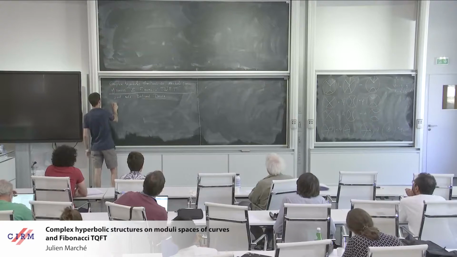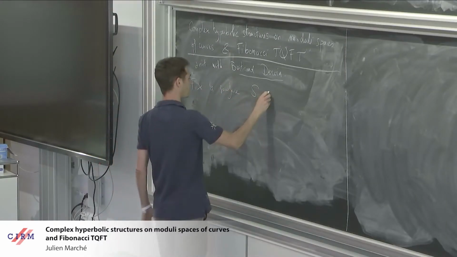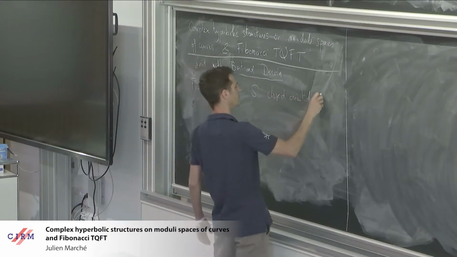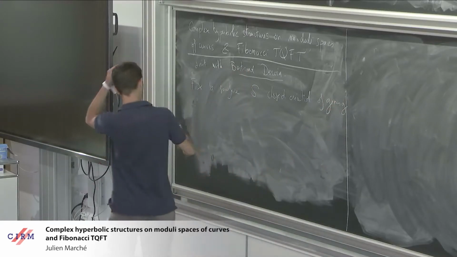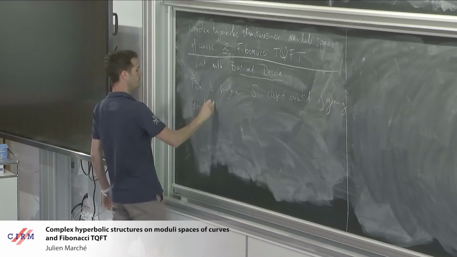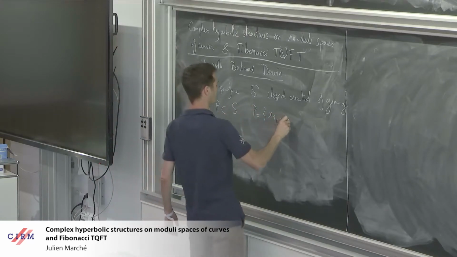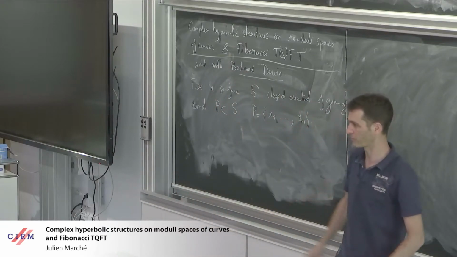We fix a surface S, closed, oriented, of genus g, with some punctures, and P included in S is a set of numbered points x1, ..., xn, a finite set of punctures.